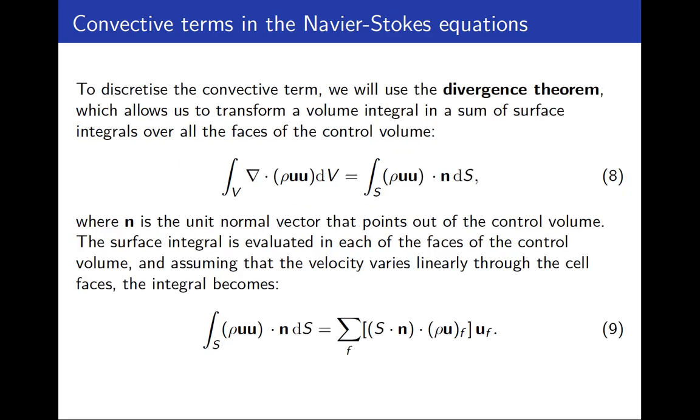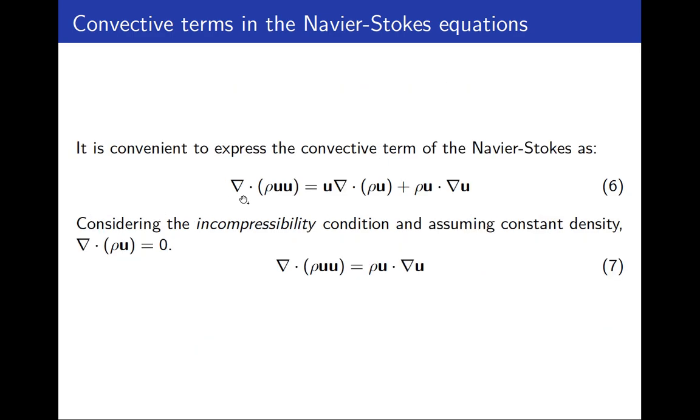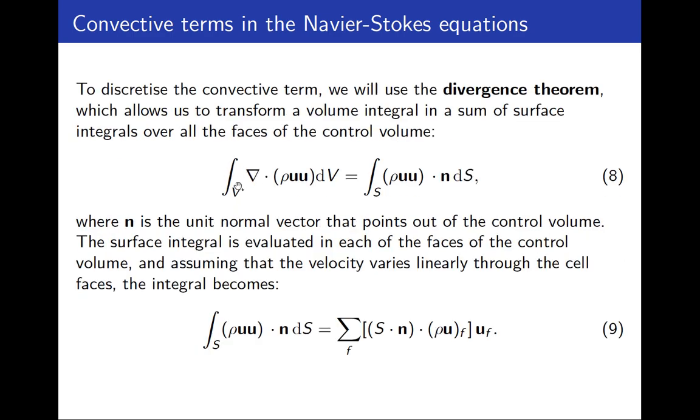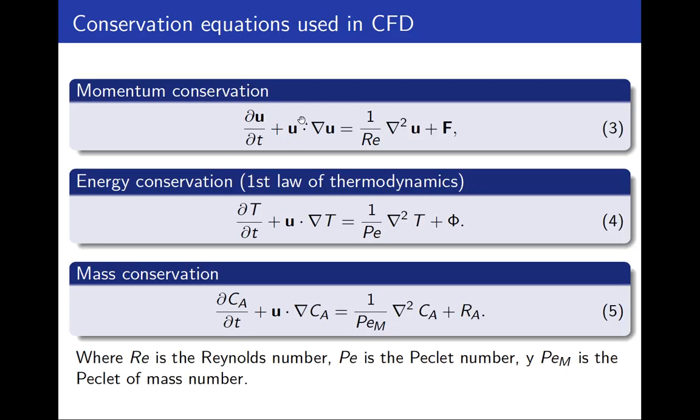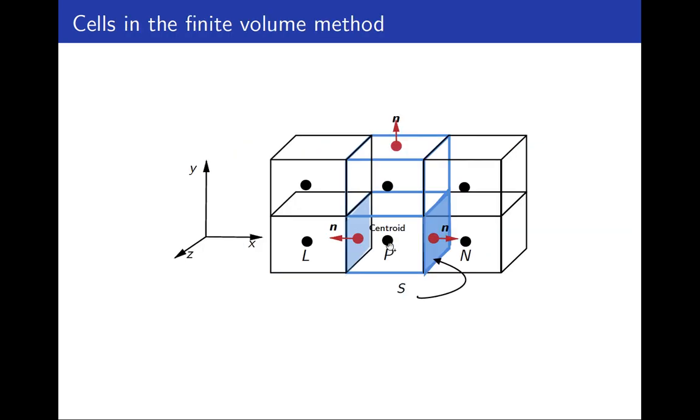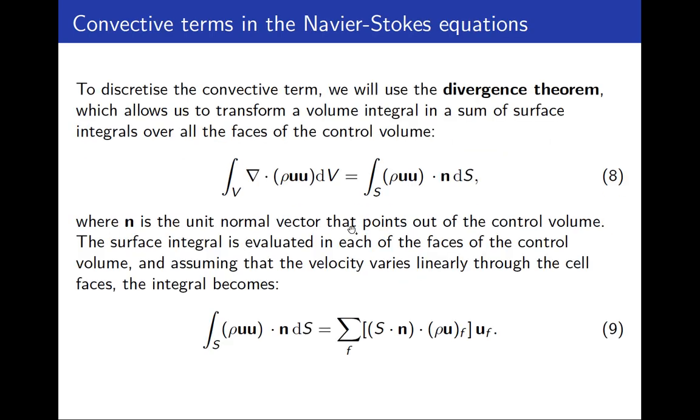So in the finite volume method, we use the divergence theorem or the Gauss theorem, which allows us to transform a volume integral into a surface integral. Remember, in the finite volume method, we apply a volume integral over the conservation equations, and then we solve that volume integral in each of the cells of our domain.